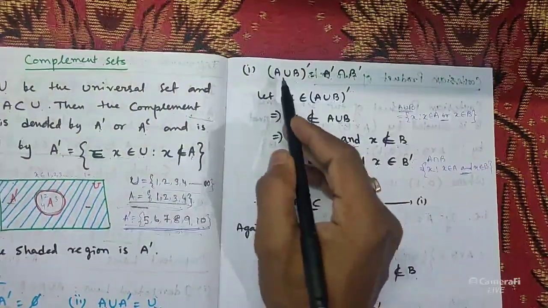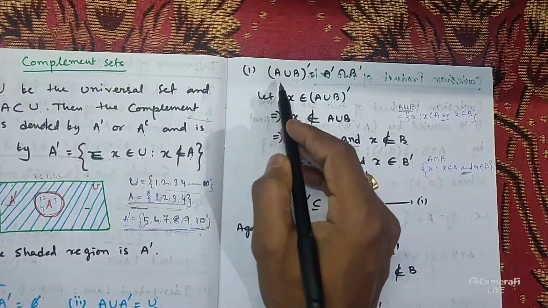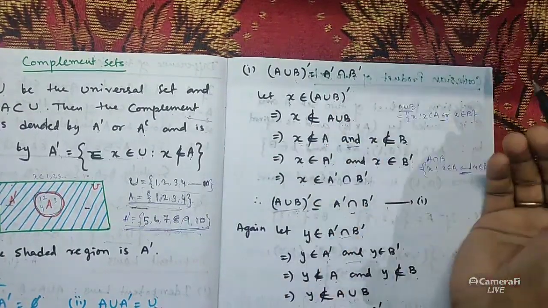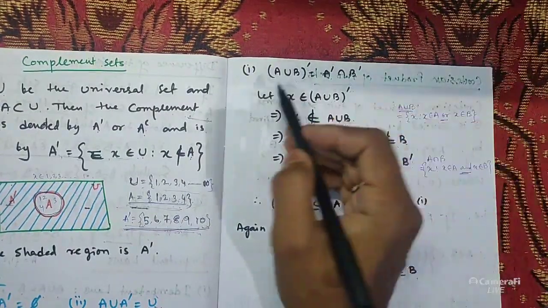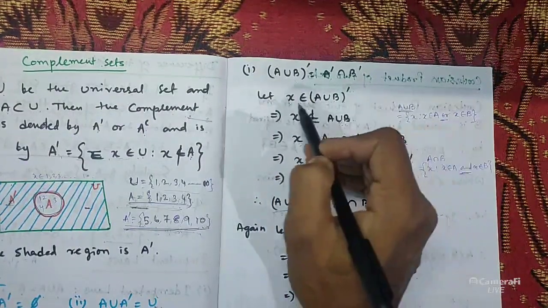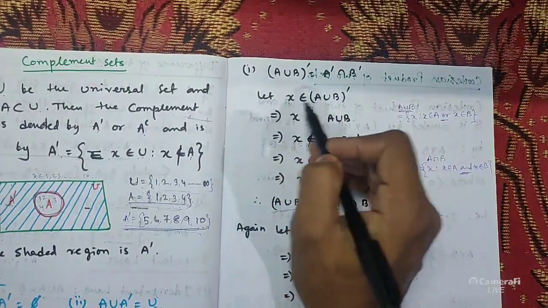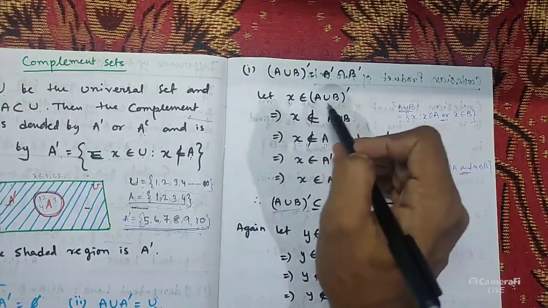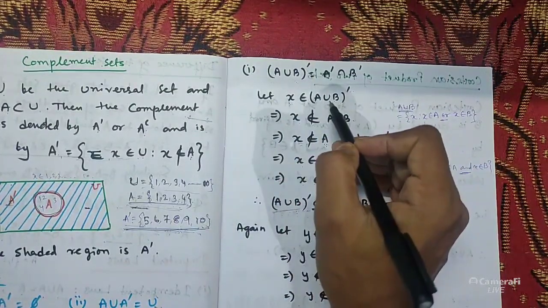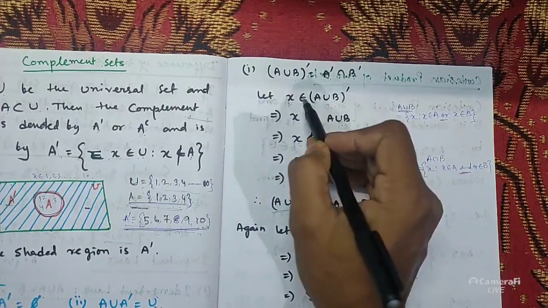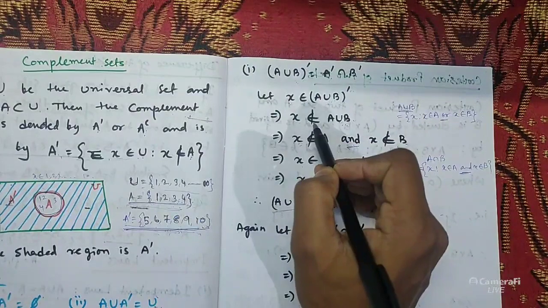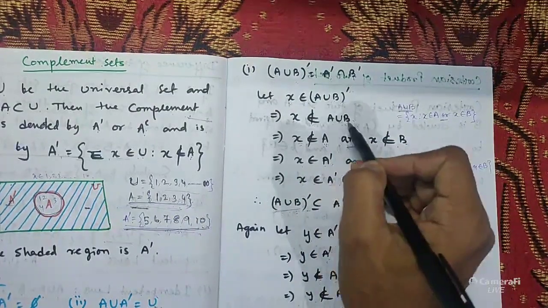So first one, we have to prove that A union B whole complement is equal to A complement intersection B complement. So let us suppose that X belongs to A union B whole complement. X is an element which belongs to this A union B whole complement. Now if it belongs to the complement set, that means obviously it does not belong to the set.